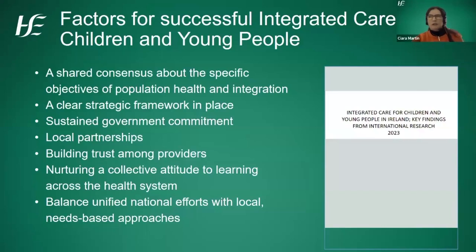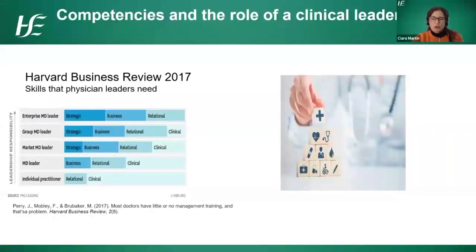Having a clear strategic framework in place, that sustained government commitment that Liam mentioned through Sláinte Care, but the importance too of local partnership, building trust, nurturing a collective attitude across the whole system, and really balancing that unified national efforts with local needs-based approaches. And then what I thought I'd do just over the next couple of slides is talk particularly about the competencies and what clinical leaders can bring to the world of integrated care.